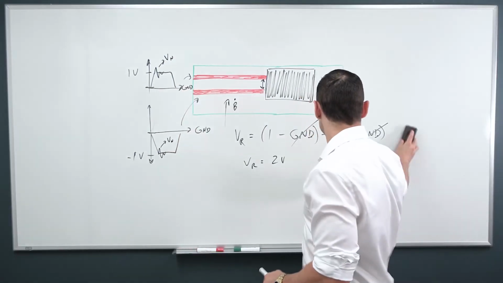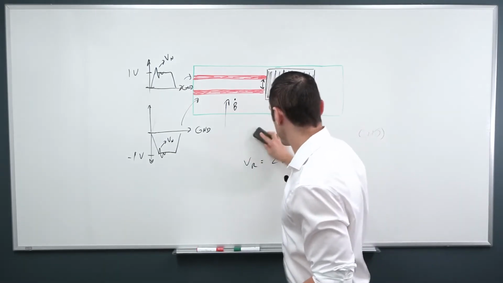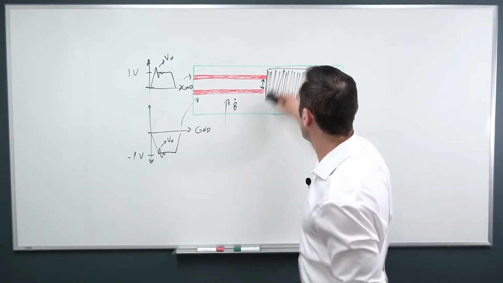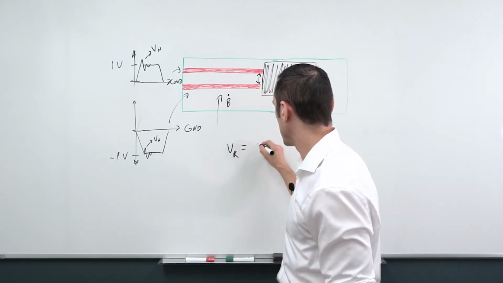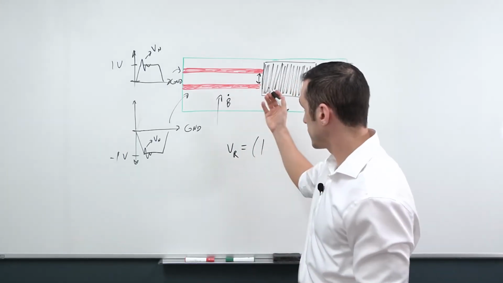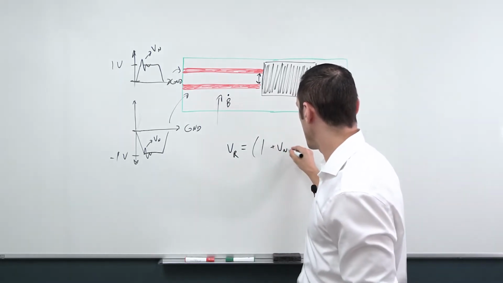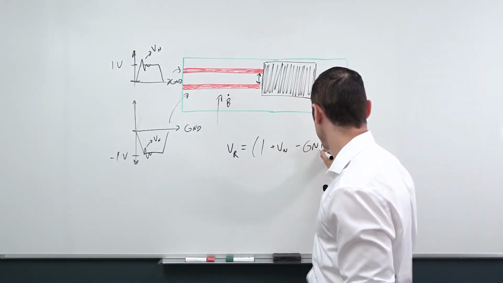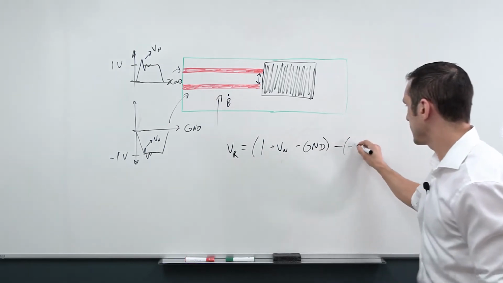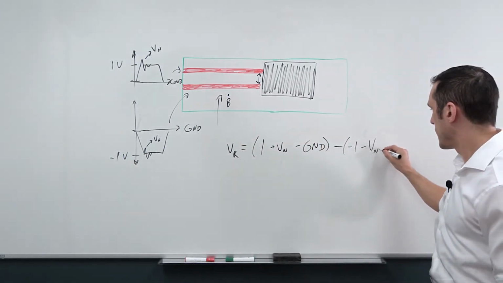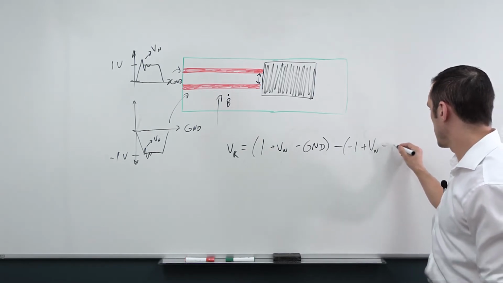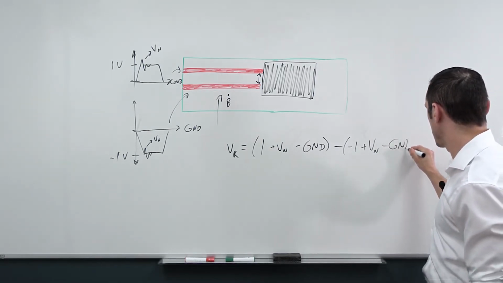So here, if I write out the equation for the voltage that I read out from these two signals, my readout voltage is 1 volt plus whatever the noise voltage is, minus my ground potential, minus -1 volt, so that's this level here, plus the noise voltage, minus the ground potential.